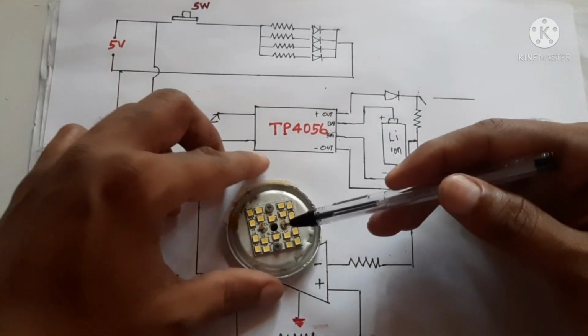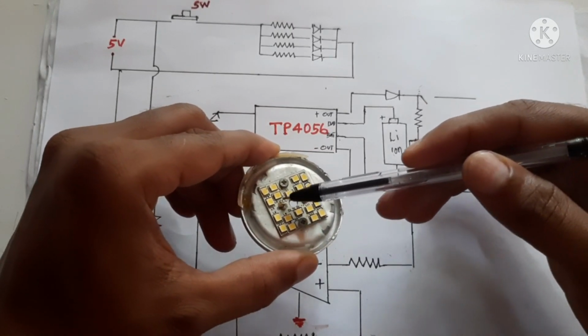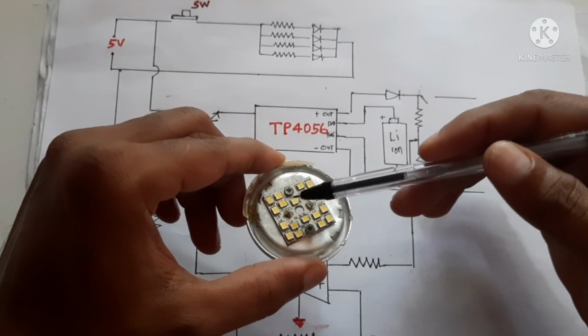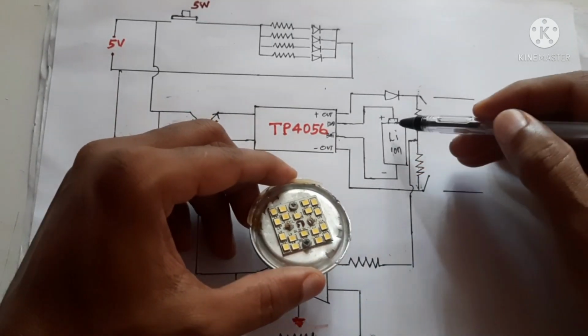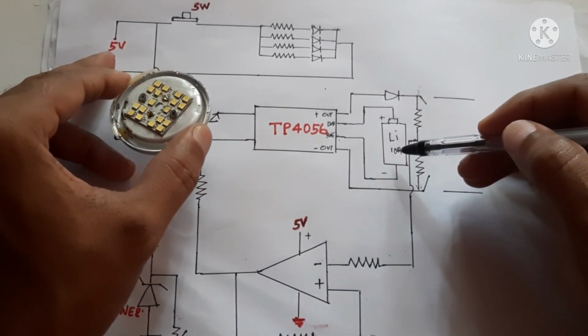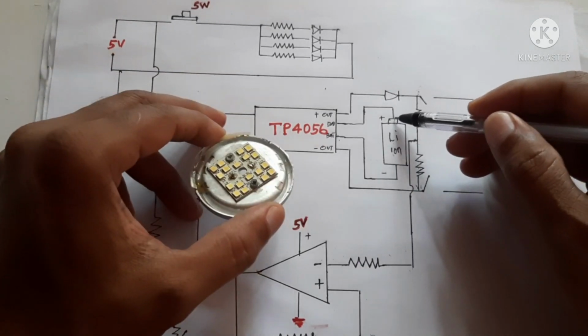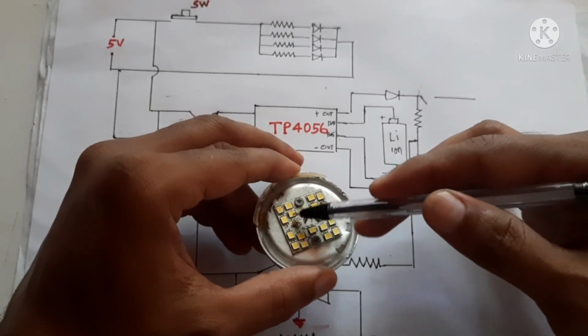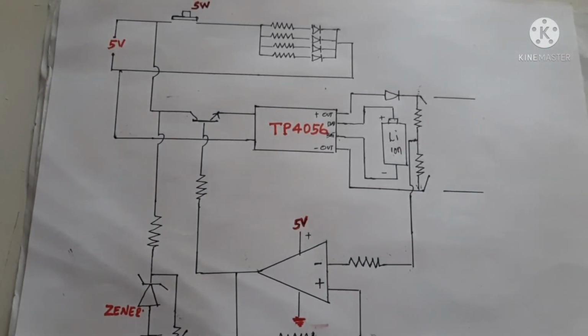But when the current is off, we are putting some other LEDs, low power LEDs, and as there is no power from the charger, the power is now taken from the battery, and we have put another set of LEDs inside it. So we will look at it.